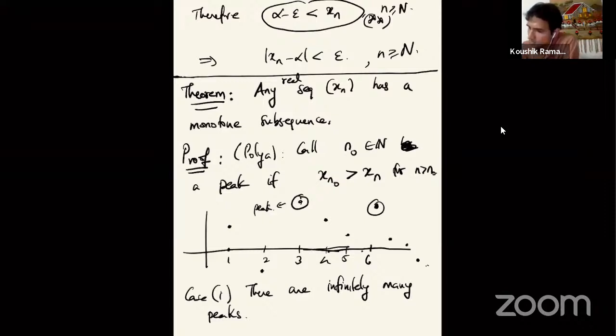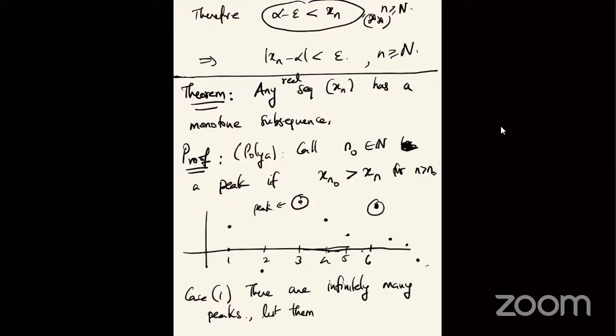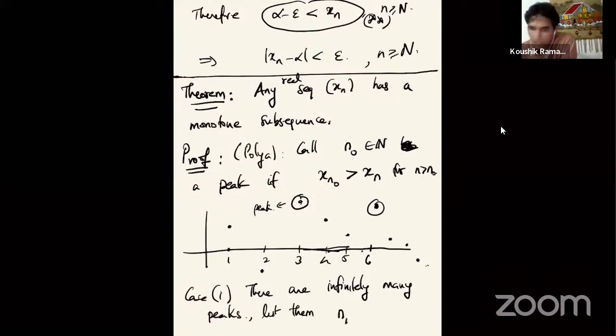Then what happens? Let's list them. Let's say the least peak is at n1, n2, and so on. Then what can we say about xn1, xn2, and so on? It's a monotonically decreasing sequence. See, n1 is a peak, so all xi's subsequent to xn1 lie below xn1. In particular, xn2 is below xn1.